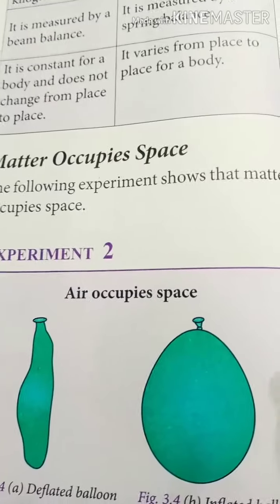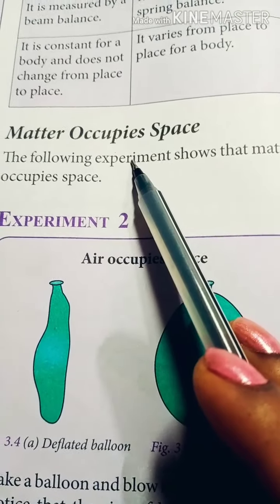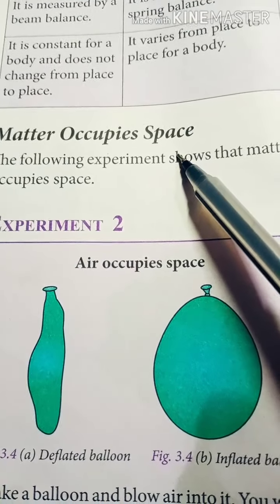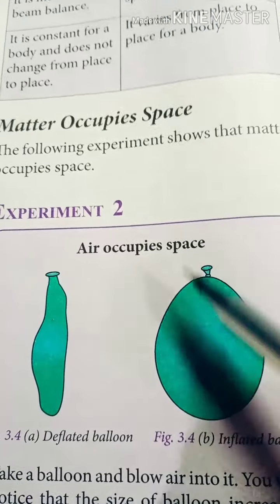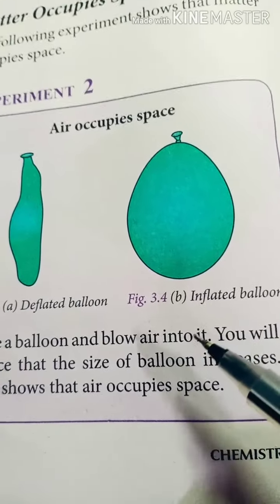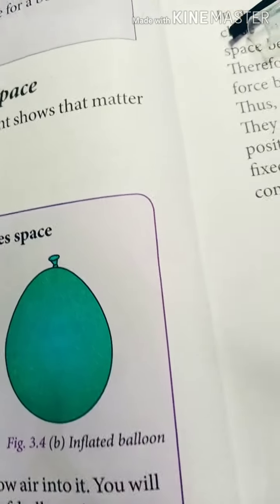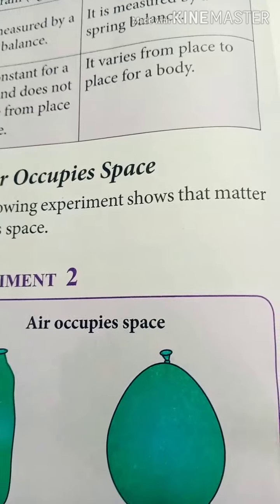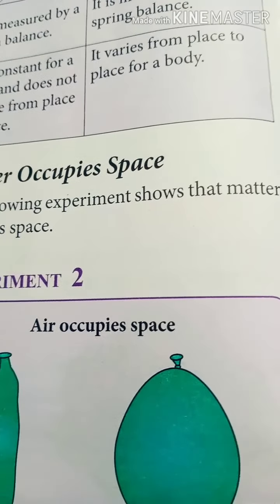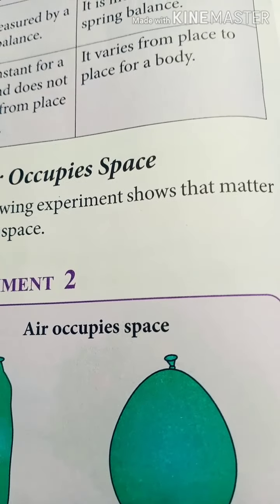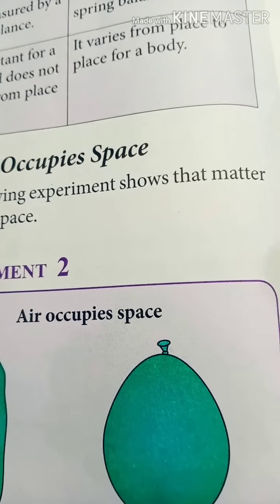Next, every substance, if it is matter, occupies space. To show this, there is an example using air, as I am telling in this first experiment. Take a balloon and blow air into it. Students, you know, there are different types of balloons of different shapes, like stars, hearts, round shaped, oval shaped.